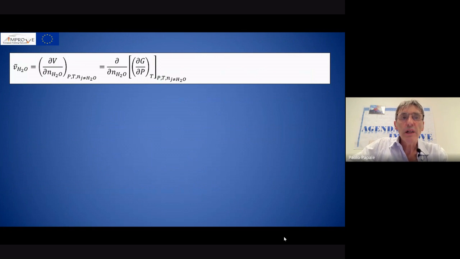As we know well, the partial molar volume of a component is the partial derivative of total volume in the number of moles of the component. In turn, volume is the pressure partial derivative of Gibbs energy that we can substitute in the equation.